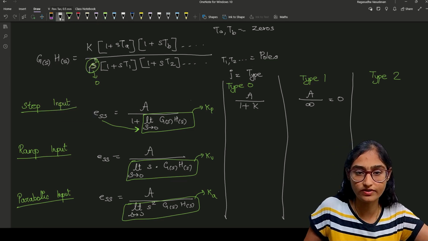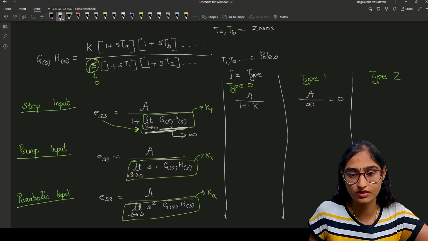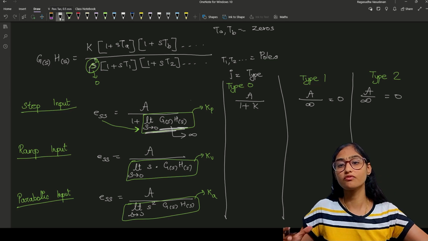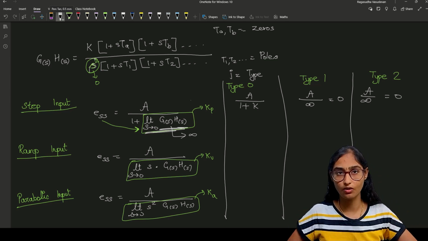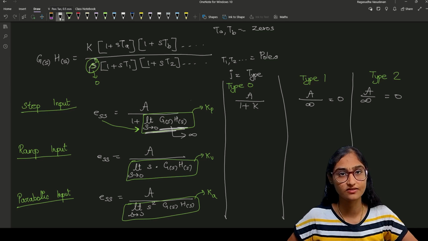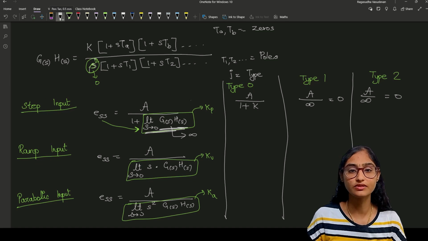What happens to e of s? A divided by 1 plus this term. This term tends to infinity in case of type 2 systems. So again this will be A by infinity, which is 0. So for type 0 system alone, you will have a constant error at steady state. For type 1 and type 2 systems, this error will be 0.